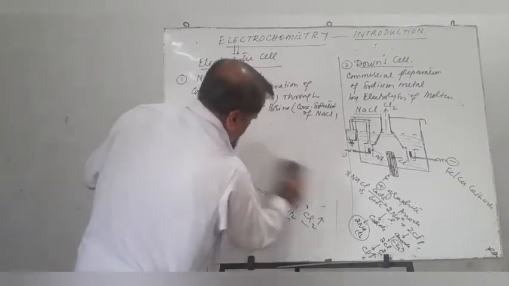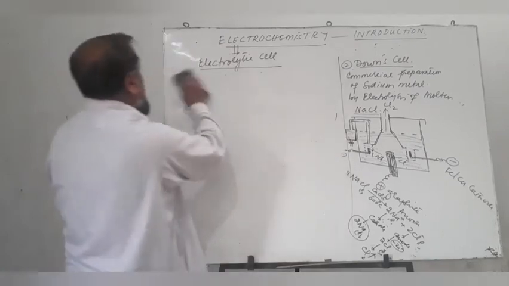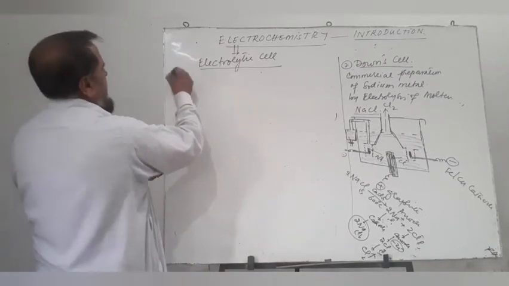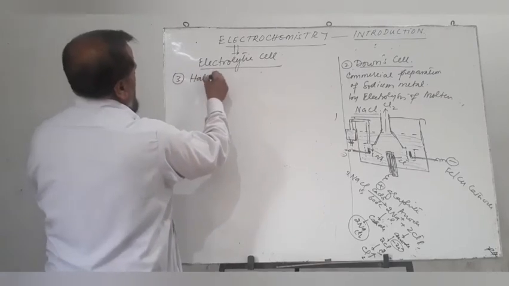For example, we have the Hall-Héroult cell. The third example is the Hall-Héroult cell.